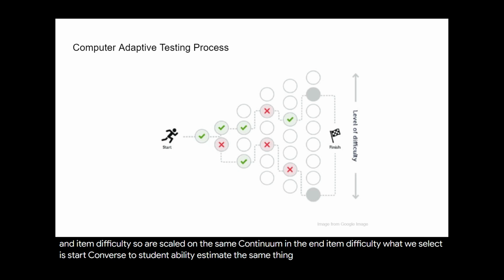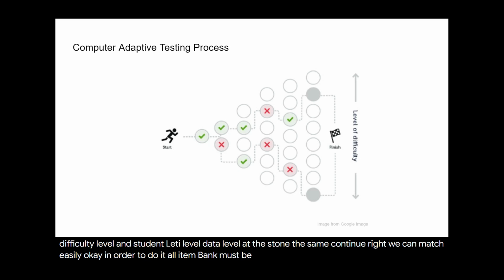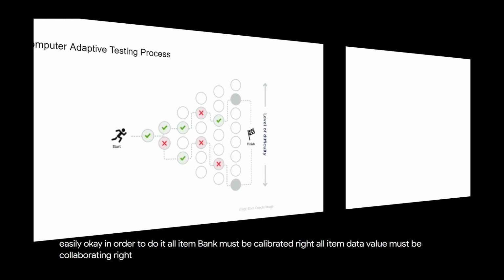Item level and student level, difficulty level and student ability level, theta level, are on the same continuum, right? We can match easily. Again, in order to do it, the whole item bank must be calibrated, right? All item data values must be calibrated, right?